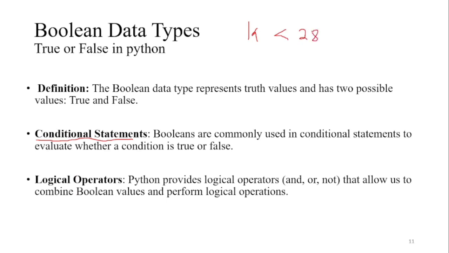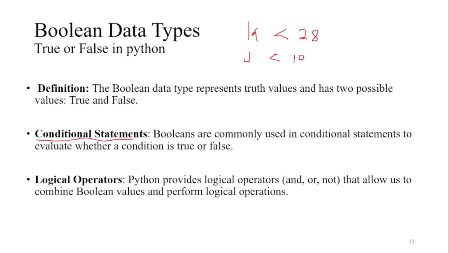I want to get a boolean outcome, and then I have my variable J, and J is less than 10.